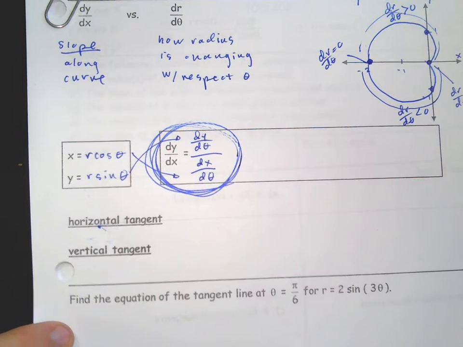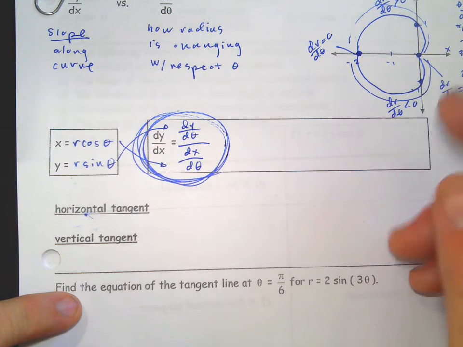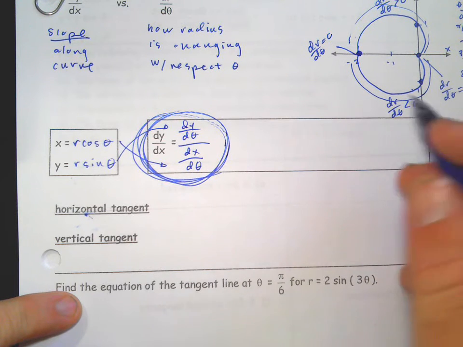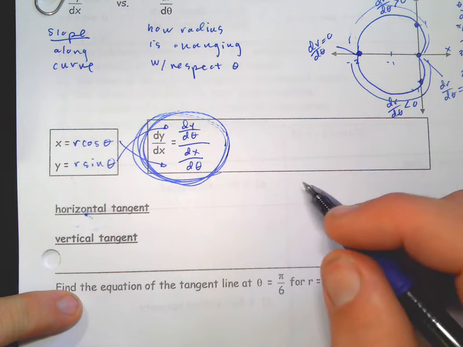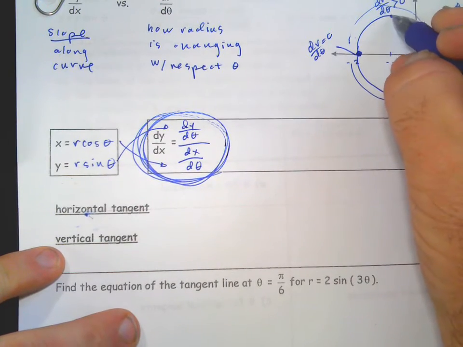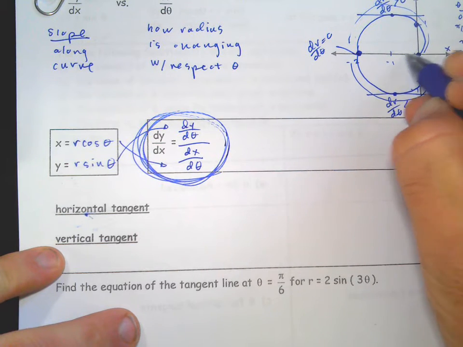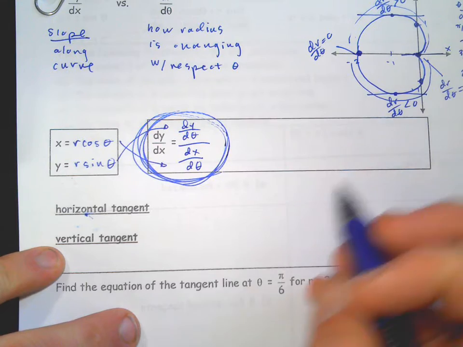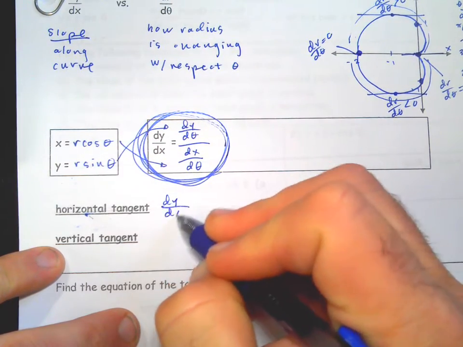Now, let's get a little more into some specific cases, like what if we want to know when it has a horizontal tangent? Sometimes these polar problems get mixed in with parametric, so you might be thinking motion, like flying horizontally or something. A horizontal tangent, if you look at your picture, there are at least those two, and then maybe one right here because it's flattening out. So there might be 3 in this picture, but it's going to be specifically when the slope is 0.